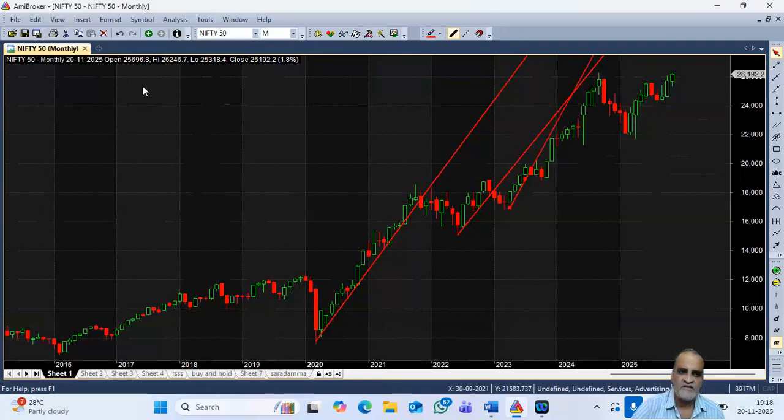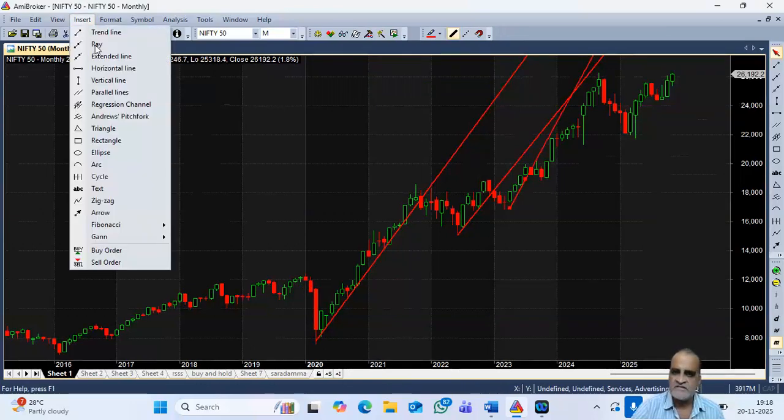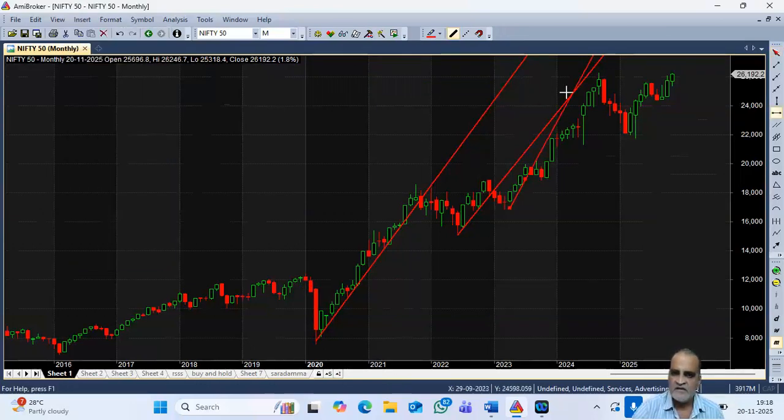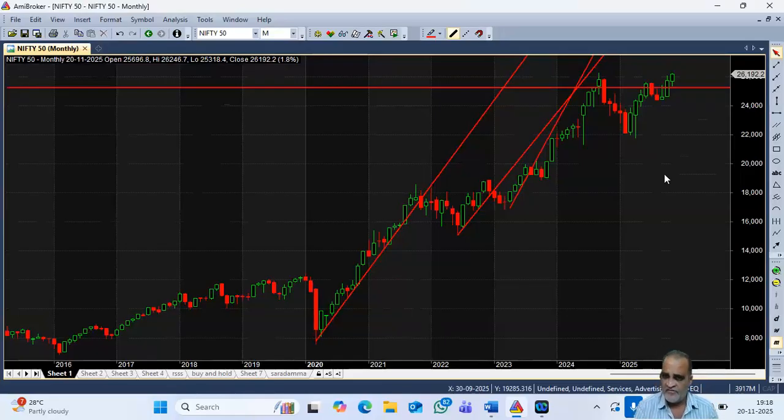Now you can see there is an intersection. So I place one here. Now you can see the result. When the price came to this level, it acted as resistance and prices have come down, and subsequently the prices have risen again, and testing that level, we need to wait and see till the close of this month whether this rise will sustain or not.